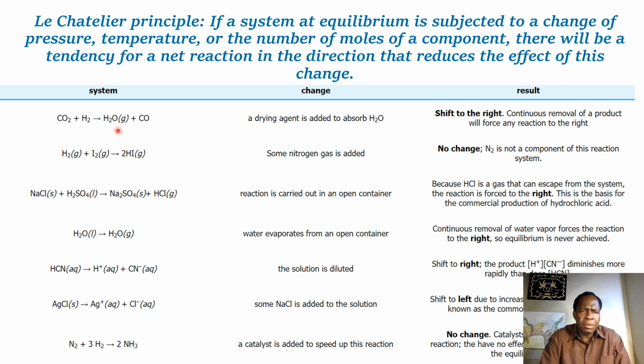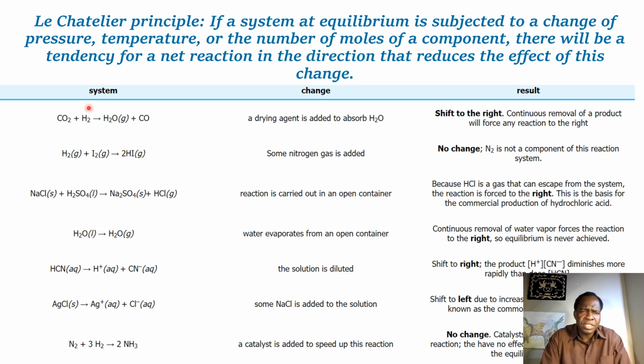Okay, it will dry the H2O. So when the H2O is drying, its concentration will decrease. So when the concentration of H2O decreases, the reaction will shift to the right.